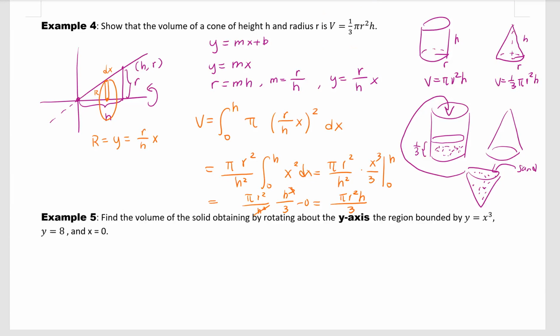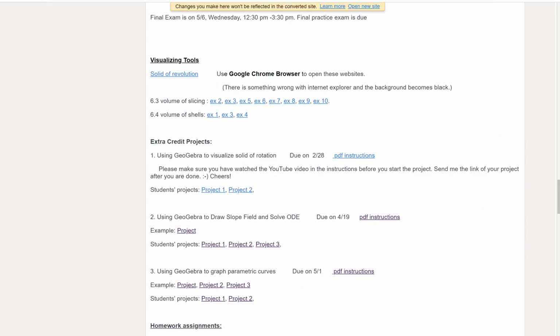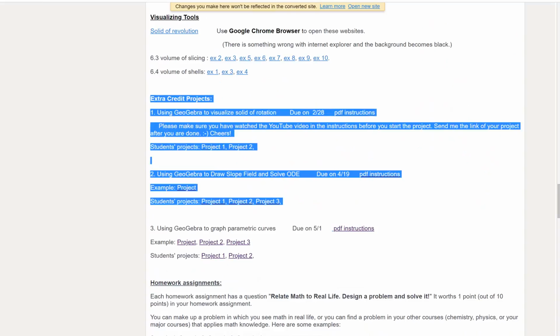So far, so good, everybody. All right. I just remembered something. On our course website, you can see the GeoGebra projects.